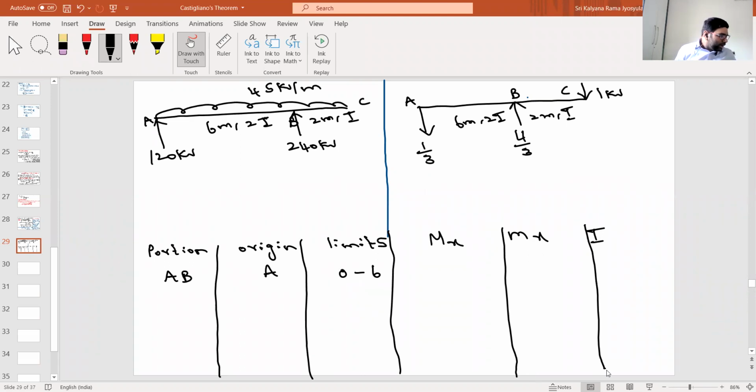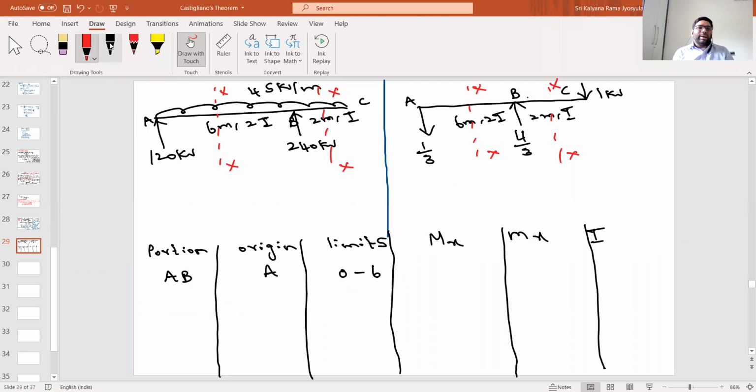So that's where we need to write what is the moment at a section XX in the section AB. So this is section XX, and here also this is section XX.